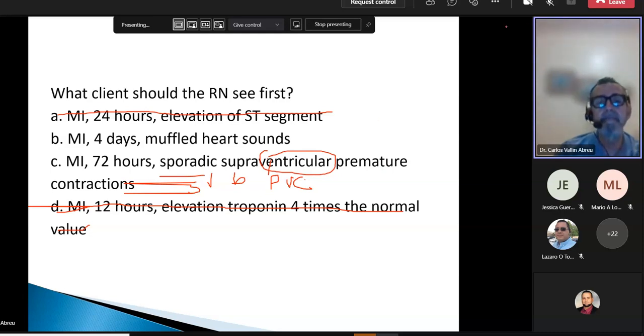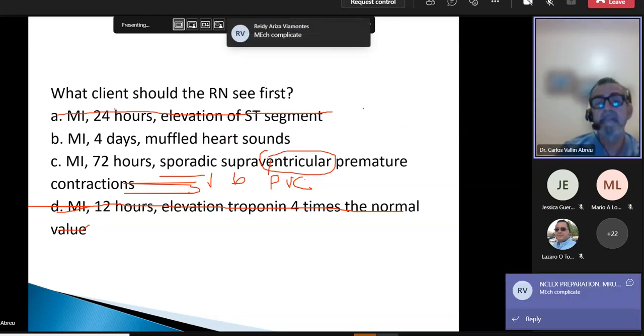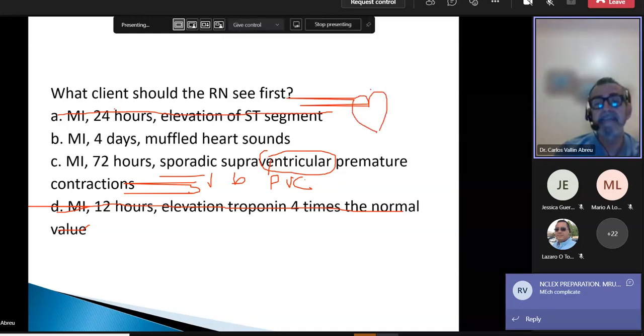A patient having muffled heart sound means that this myocardial infarction is complicated with a pericardial effusion. So this is the concern. This is the client who should be seen first. Yes, one complication of myocardial infarction is that the infarction can extend to the pericardium, and this extension to the pericardium can produce pericardial effusion and muffled heart sound.